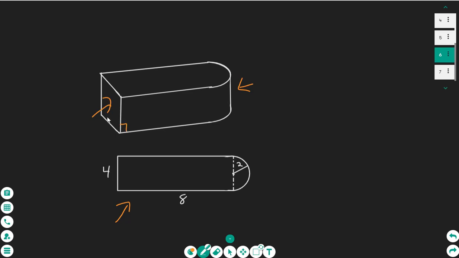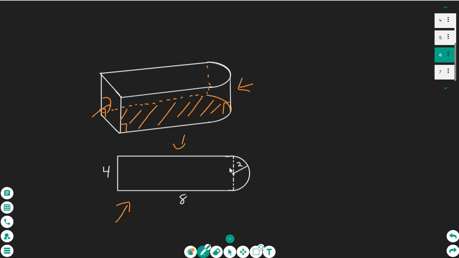And because these are all right angles, I will tell you that these are all right angles. We know that this base, maybe if I just kind of draw this in, would this help? Maybe. I don't know. Maybe this makes it worse. It's not perfect. Maybe that'll help a little bit. But we're going to be looking at this base right here. That is this shape right here. Okay? So let's find the area of that base.